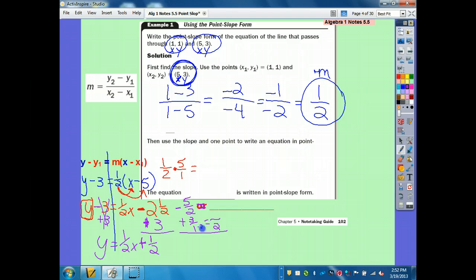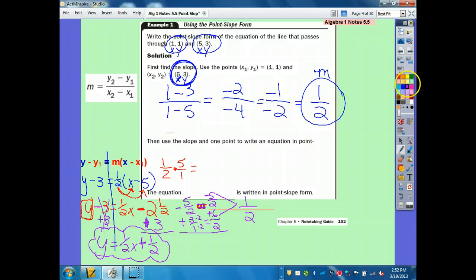So 1 times 2 is 2, 3 times 2 is 6. So this is a positive 6, and I have a negative 5 over 2 here. Good, now I've got my denominator, so I have a negative 5 and a positive 6. That gives me what? 1 over, my denominator stays the same. See, so we still end up with our 1/2. And then that's your final answer, y equals mx plus b form, right there.